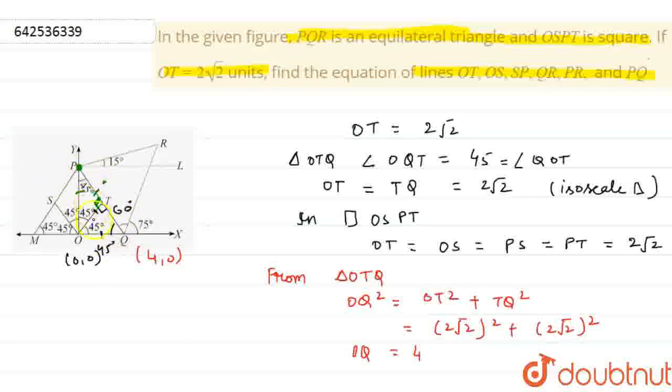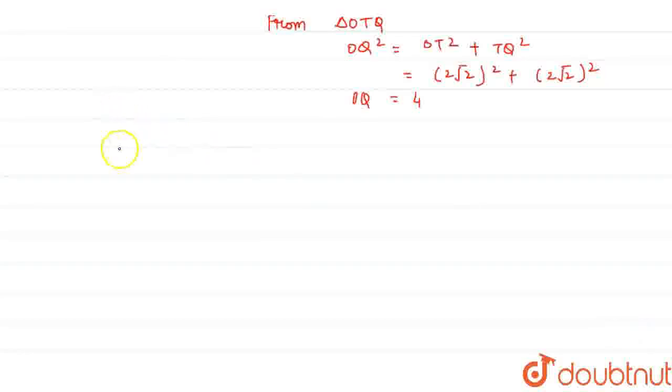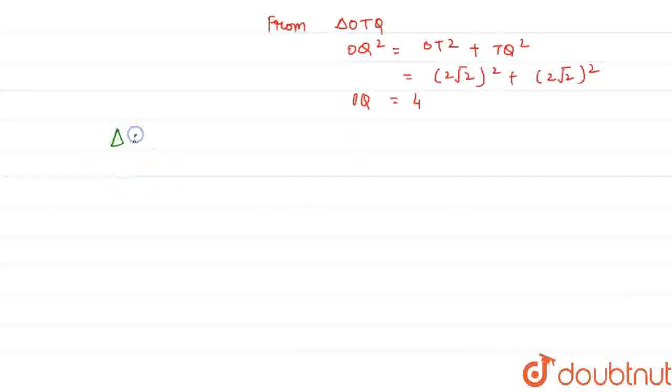So we can calculate the value of OP. So in triangle OPT, we apply the Pythagoras theorem.